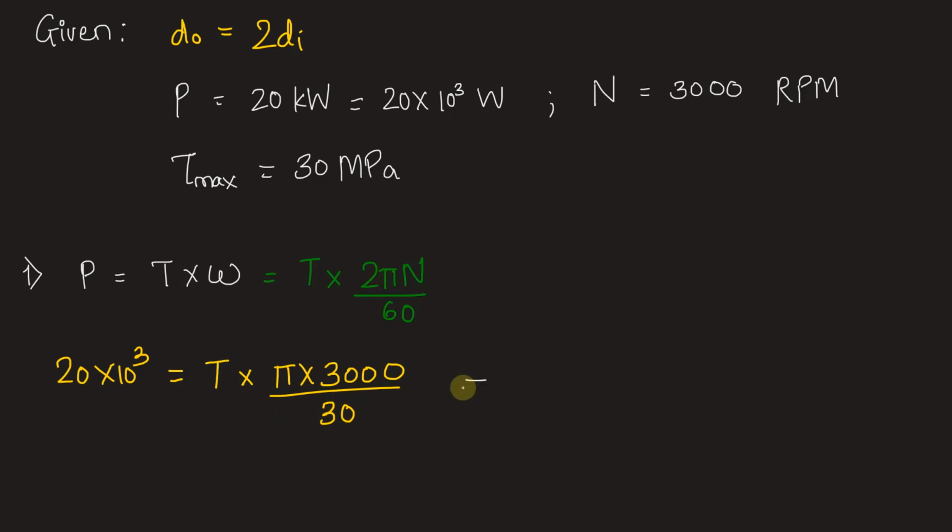So T is equal to 3000 by 30, which is 100 pi. Here 100 pi comes in the denominator. We have 20 into 10 to the power 3 divided by 100 pi. Torque that we get from here is 63.66 Newton meter.